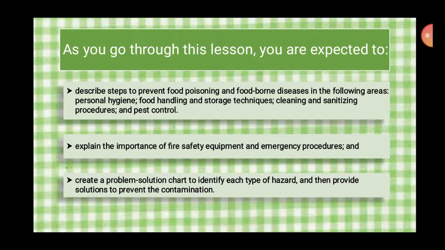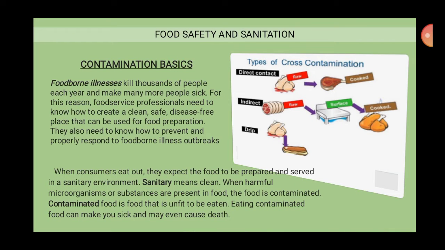The second one, explain the importance of fire safety equipment and emergency procedures, and create a problem solution chart to identify each type of hazard, and then provide solutions to prevent contamination.